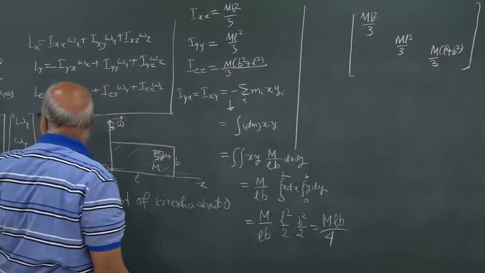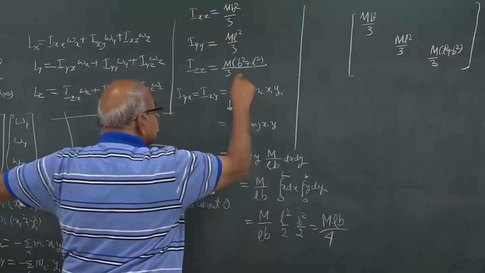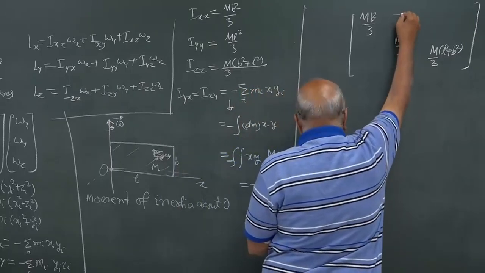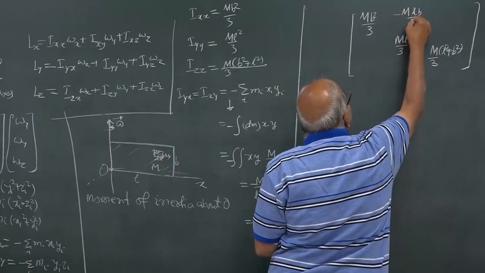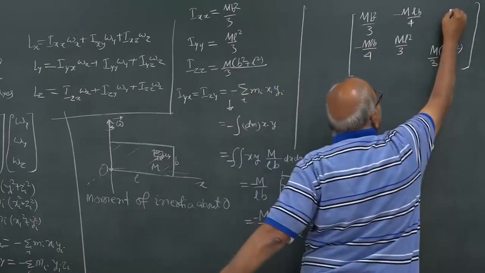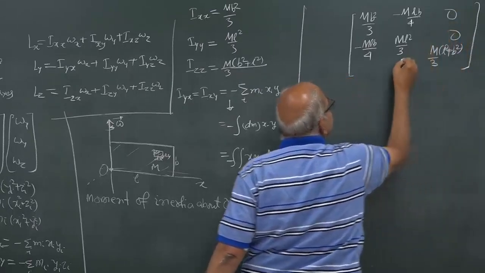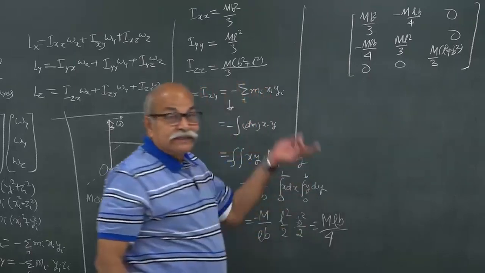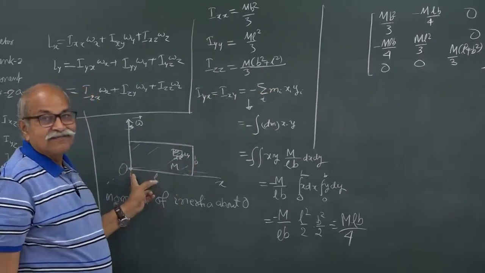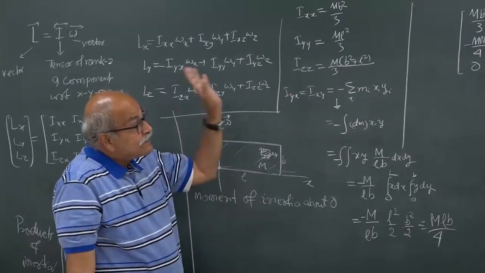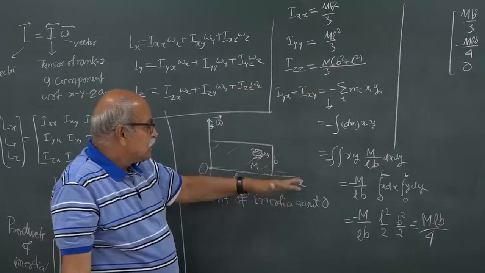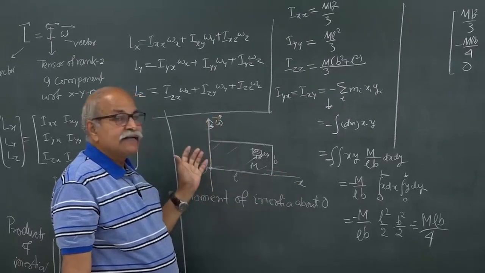Then Ixy, and Ixy is negative, so minus m L b by 4, minus m L b by 4, and all others are 0. This is 0 here, this is 0 here, this is 0 here, and this is 0 here. This is the moment of inertia of this plate about this origin. These are the components of moment of inertia with respect to these directions x, y, and z.